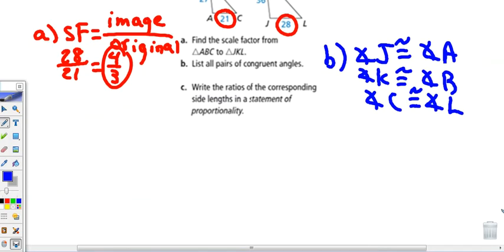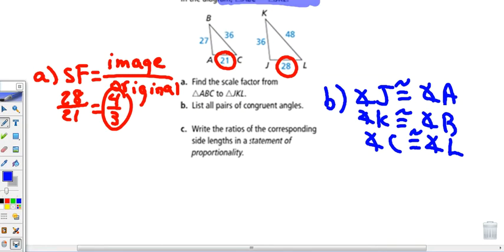And this is write the ratios of the corresponding side lengths in a statement of what? Proportionality. Okay? It's pretty easy to do. Here's the deal. You would say 21 is to what? Okay, and I think what they want us to do, do they say use side lengths or just sides?